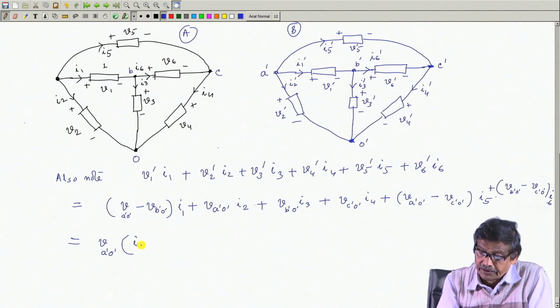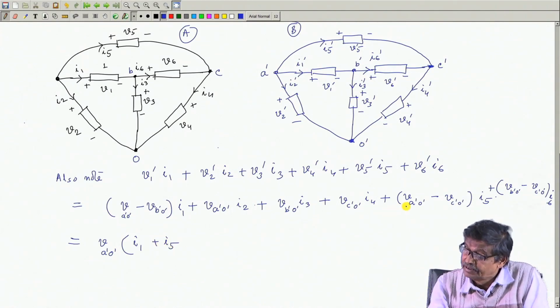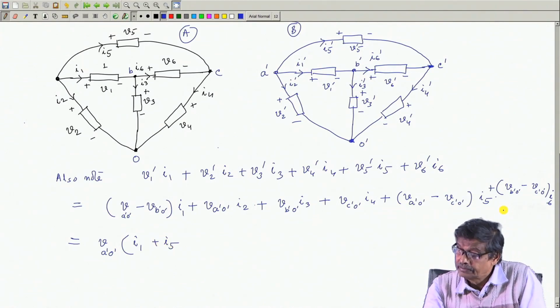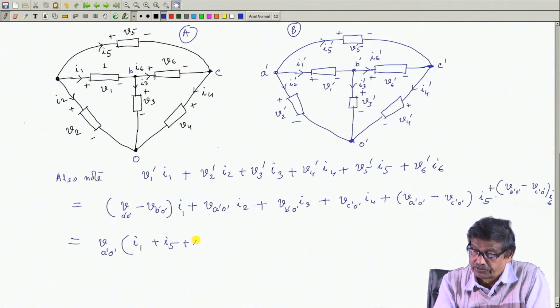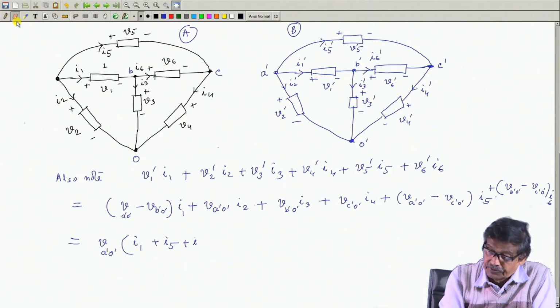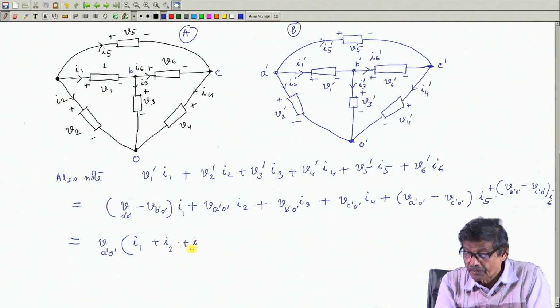It is equal to I 1, from this I 1 will come, then plus I 5, from this it will come, and plus I 2 also. So let me put this 2 first, I 2 plus I 5.